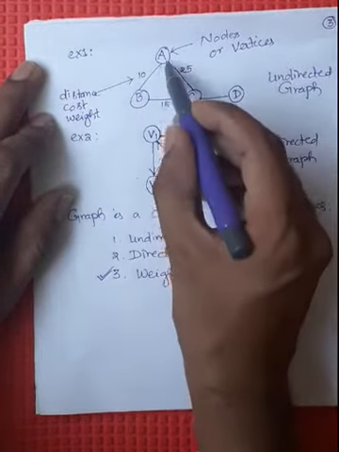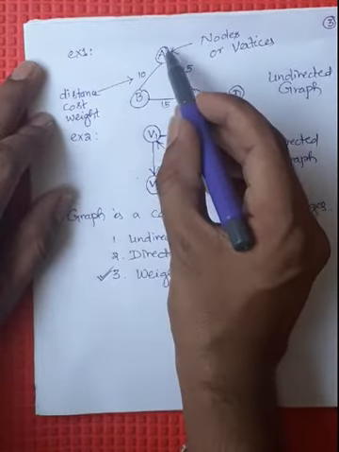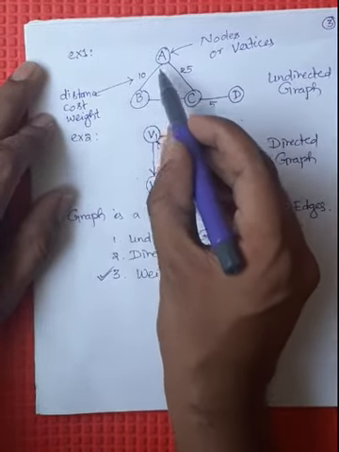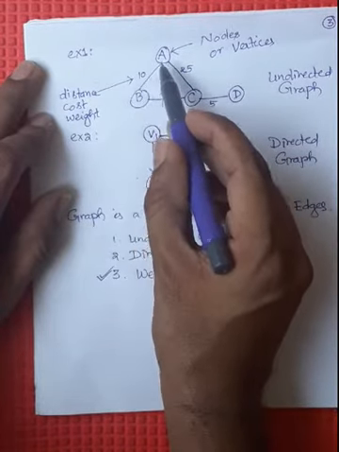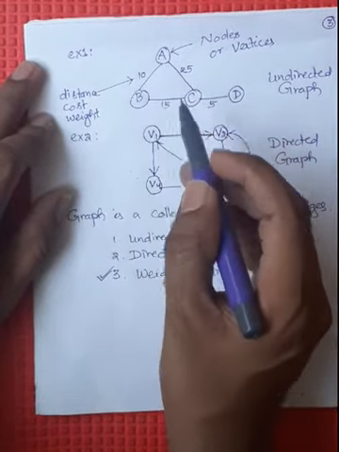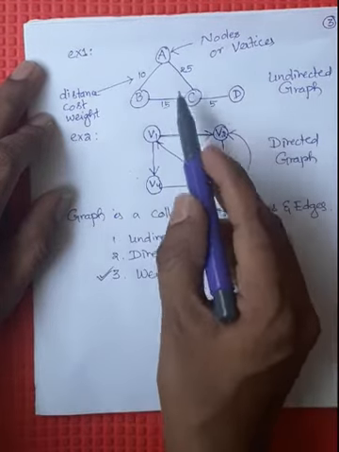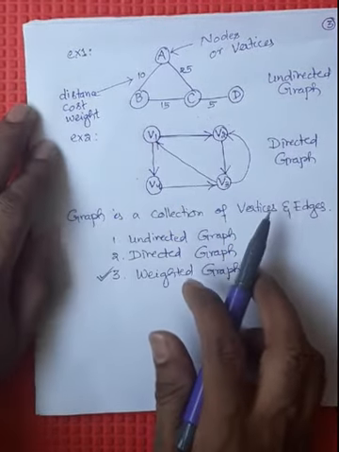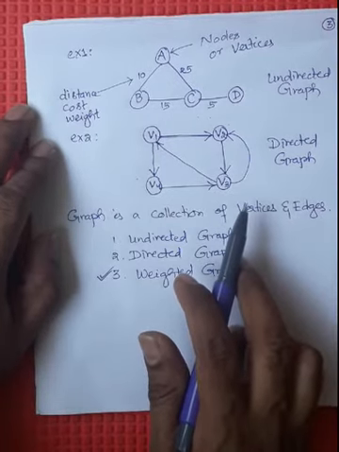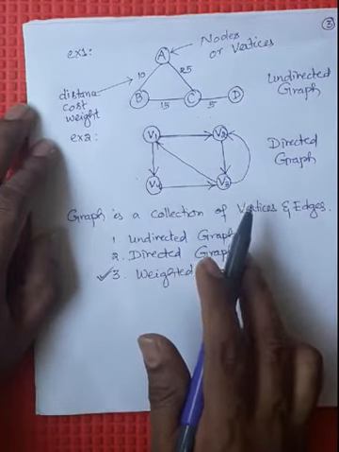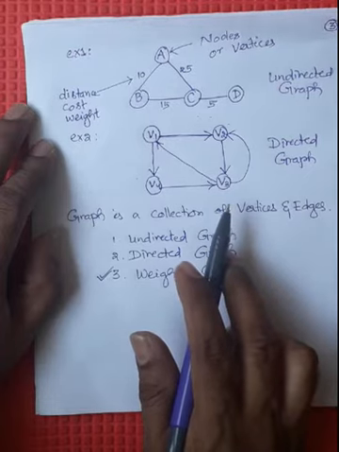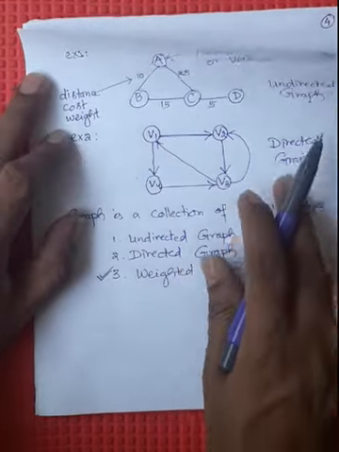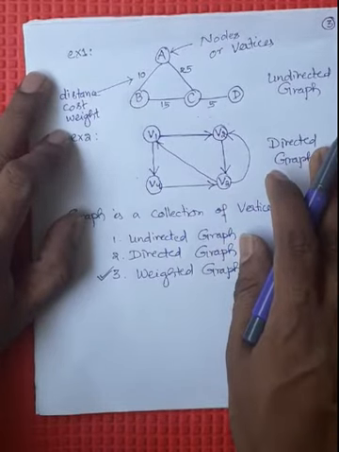So cost may be a priority value. Suppose you want to move from node A to B or A to C, so this value can represent some cost, or it may be some weight. Sometimes if you represent this graph in terms of moving from one place to another, let us say Bhubaneswar to New Delhi, whether you go by road, by flight or by train, there may be 3 different possible routes crossing different intermediate places.